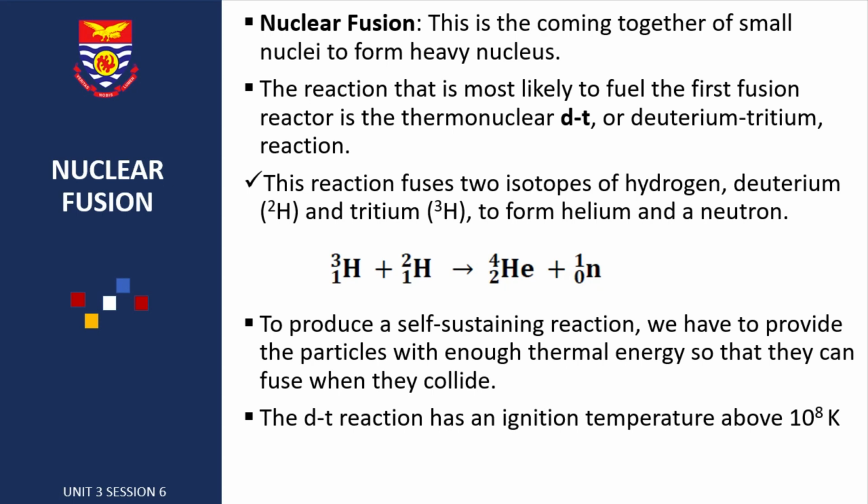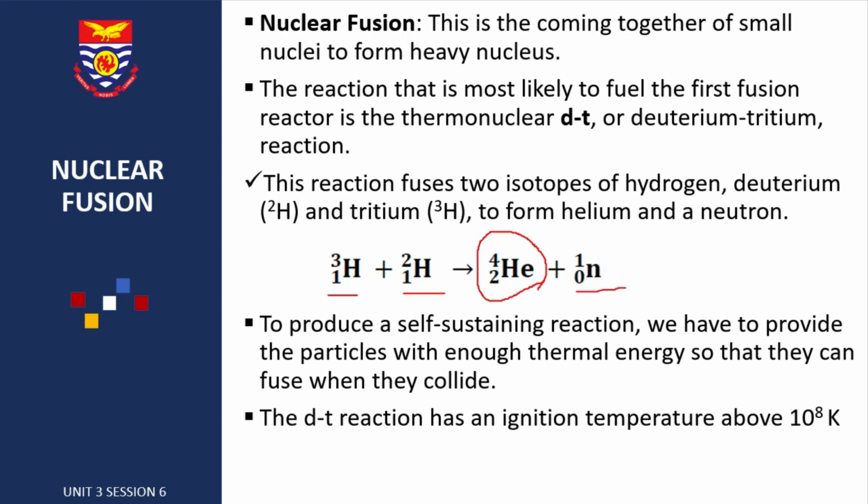So in the reaction equation that we have here, you can see a tritium being fused with a deuterium, and this will form the helium atom with the emission of a neutron.